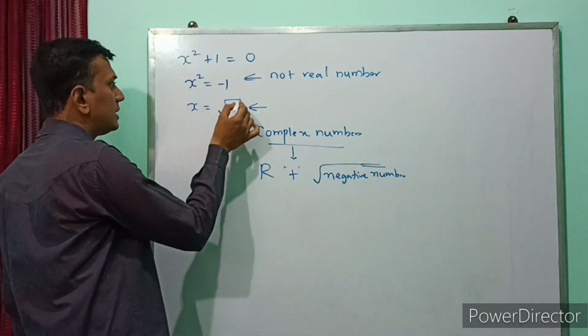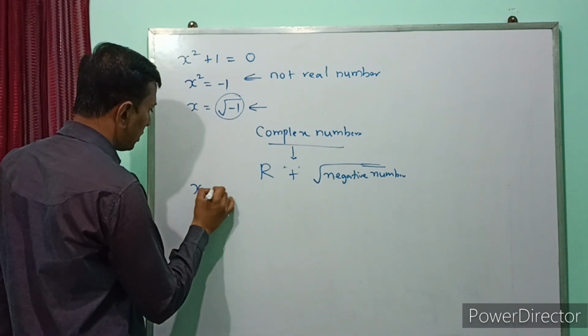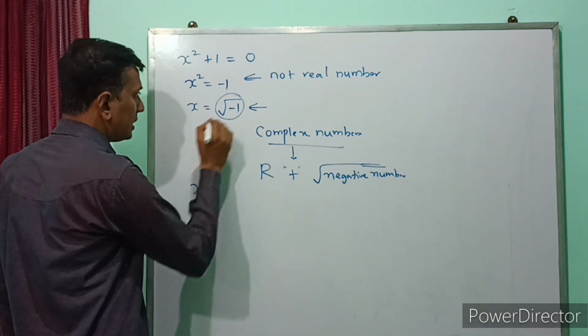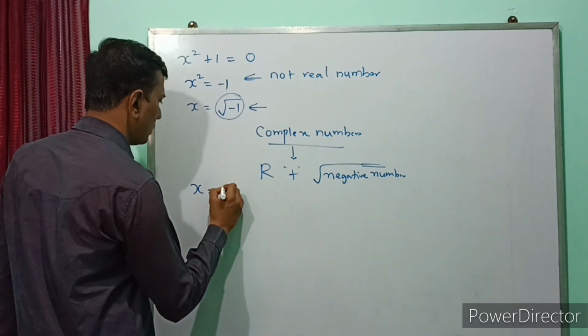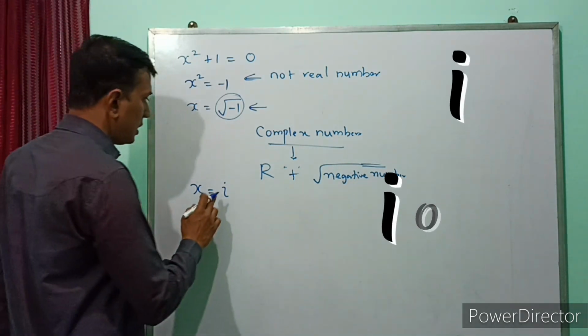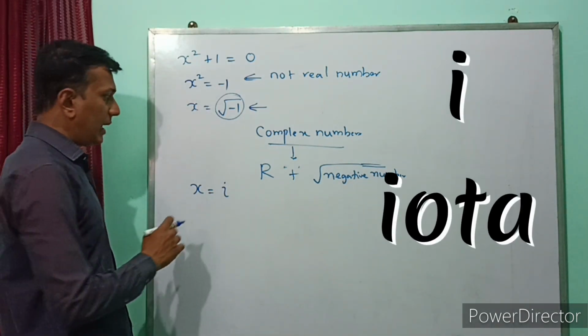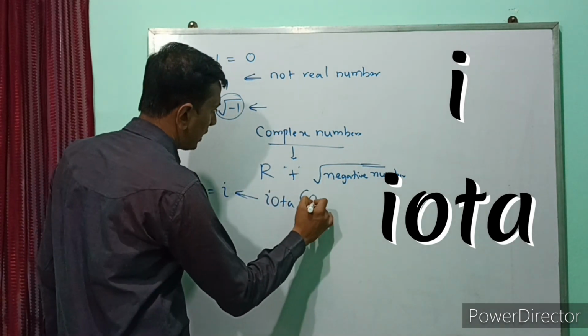But how to find the square root of minus 1? They came up with a solution that the square root of minus 1, a negative number, could be something called an imaginary number. Here that number is denoted by i. Here i is called iota, which is a Greek word.